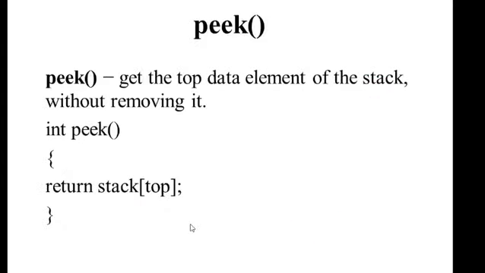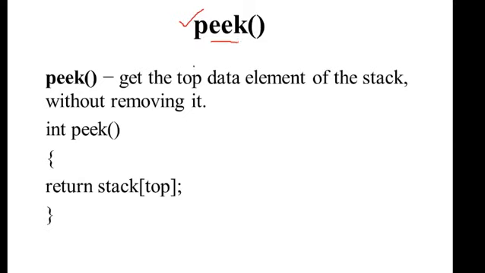Okay, the next function is called the peek function. Sometimes we need to know where the top of the stack is actually pointing. Whenever we need to display the content of a given stack, and we don't know how many elements are already there in the stack, in that case you can use this operation that is called the peek operation.